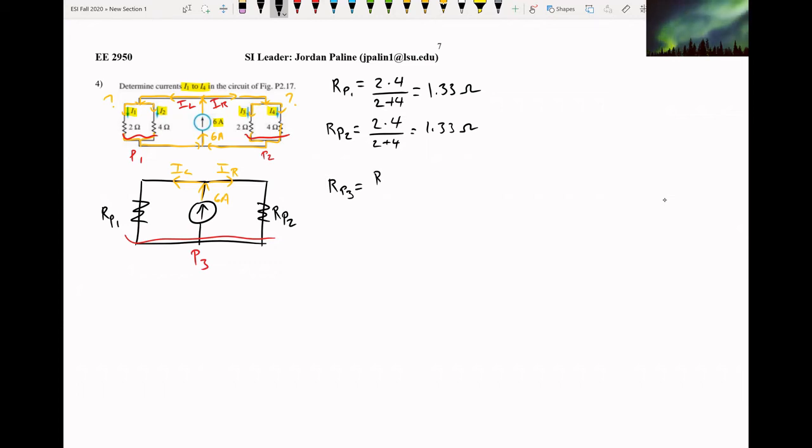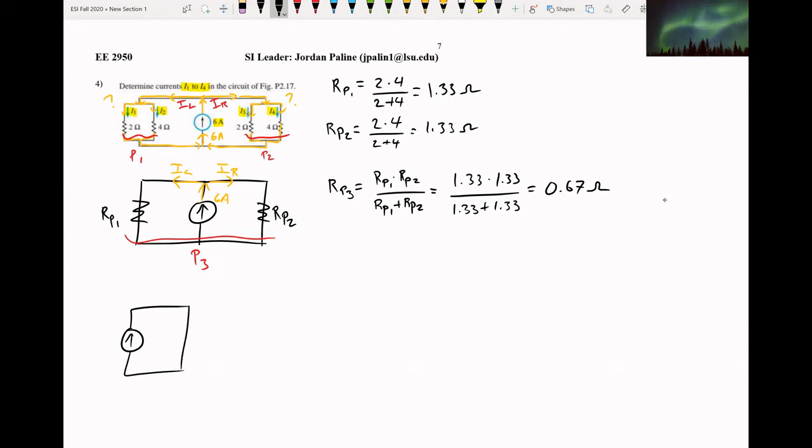This would be R parallel 1 times R parallel 2 over R parallel 1 plus R parallel 2, which gives us 1.33 times 1.33 over 1.33 plus 1.33, and that is 0.67 ohms. So we now know that R parallel 3 is equal to R equivalent.